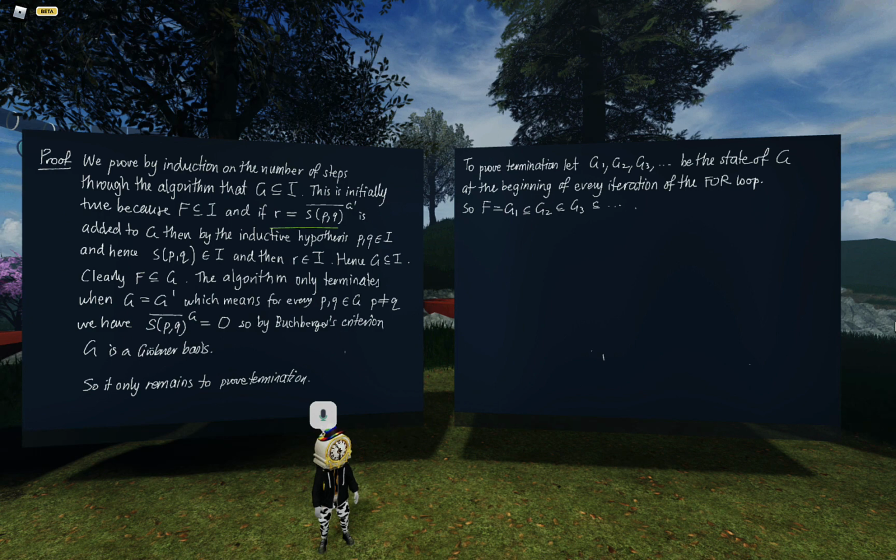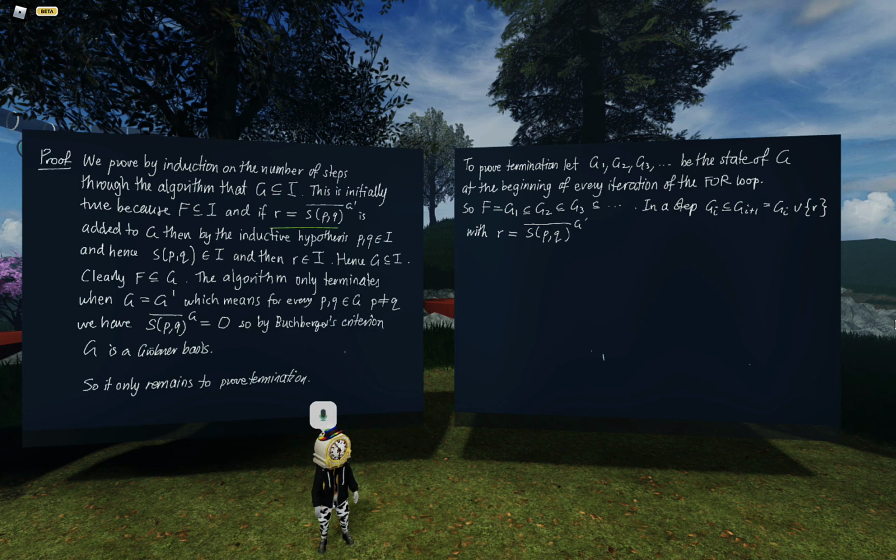So in a step that looks like Gi contained in Gi plus 1, which is Gi union some remainder, then we have R equal to S PQ divided by G prime, being the state of G at the beginning, even before the for loop.